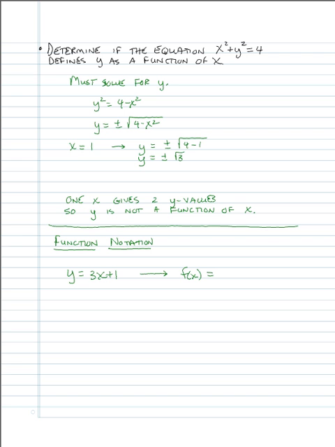We replace the y and call this thing f of x. So f of x, and by the way, we read this not as f times x, but as f of x. And f is the name of the function.